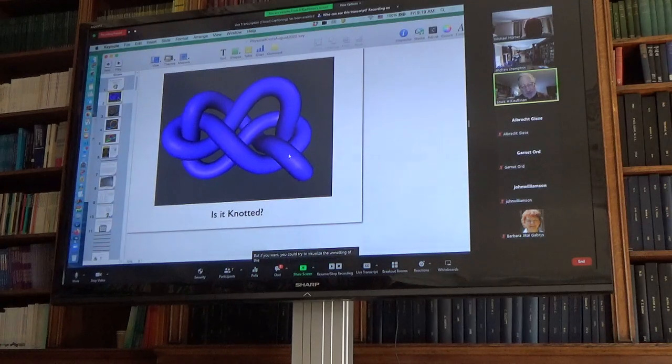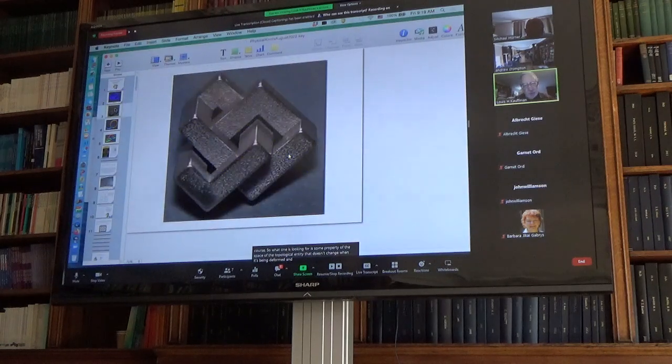It's hard. It's hard to see whether something is knotted or unknotted, and that leads to the mathematical problem, of course. So what one is looking for is some property of the space, of the topological entity, that doesn't change when it's being deformed. And one way to do this is to go to geometry.